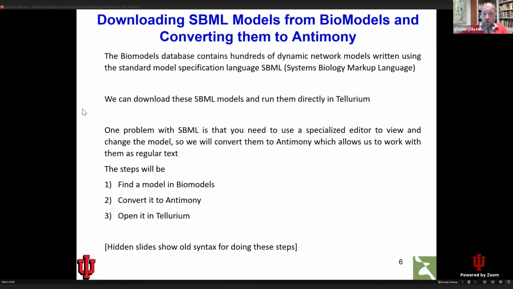So the other thing that I wanted to come to is downloading SBML models from the BioModels repository, converting them to Antimony. And as we found out last week, the BioModels repository seemed to be having some glitch where when you tried to view the models, it wasn't working, and when you tried to download them, it wasn't working.